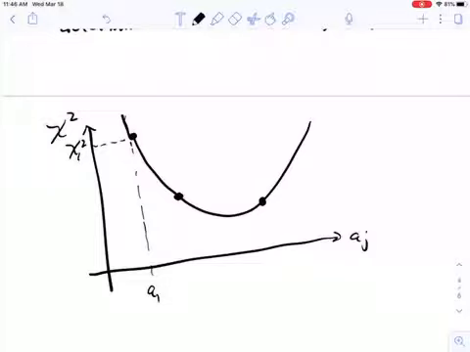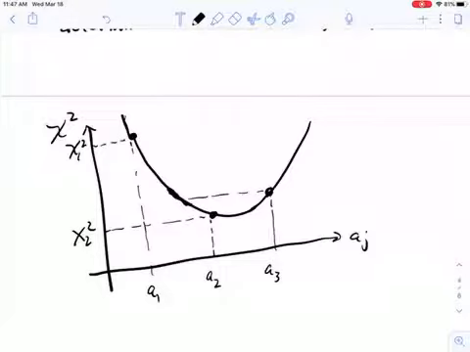And I'm going to actually move my points a little bit. I want to make them equally spaced, and I don't think I quite did that. So let's put this one over here and this one over here. And so I'm going to call this A2, and this is going to be chi2 squared, and I'm going to call this A3, and this will be chi3 squared.